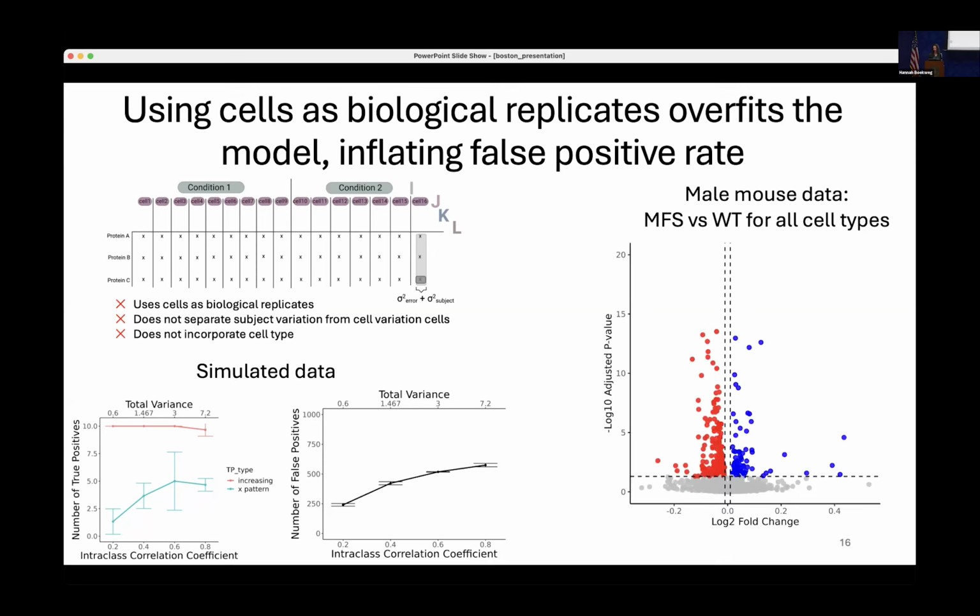We ran this on the mouse data set too, and we're finding more proteins than we expected to find, although we obviously don't know what here is a true positive and what is a false positive. Given what we know about the model overfitting the data in the simulations, we suspect that a good chunk of these are false positives.